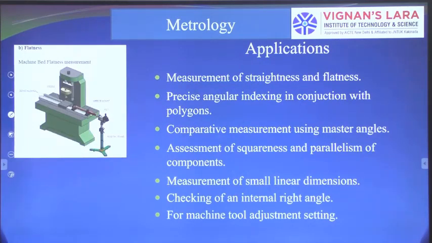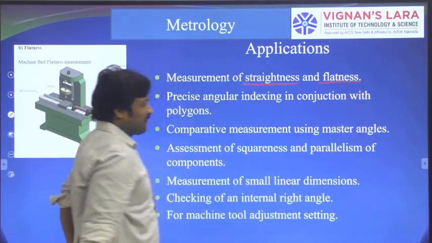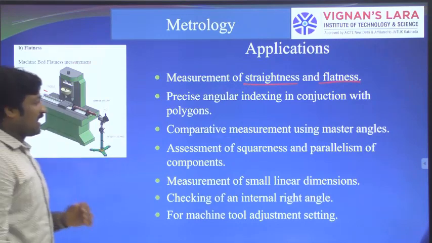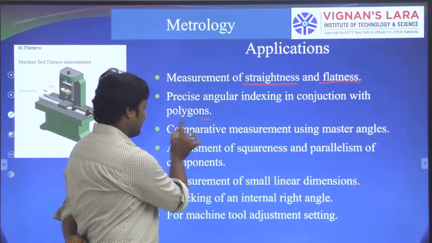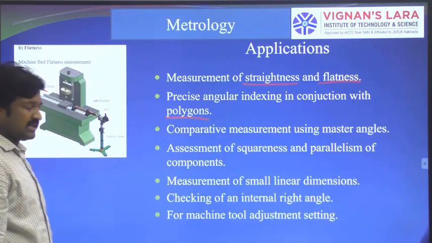So the applications of autocollimators. These are used for measurement of straightness and flatness. For identifying the flatness of machine beds, we use this autocollimator, so by means of this we can get the flatness of the component. Next, precise angular indexing in conjunction with polygons, so by means of polygons we can get the angular deflection.